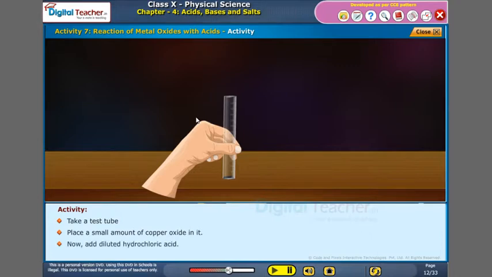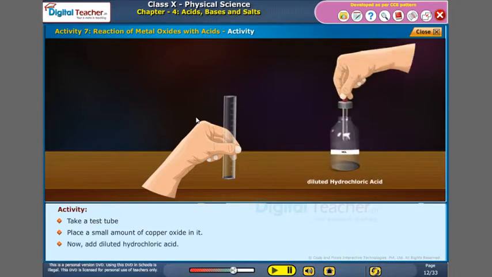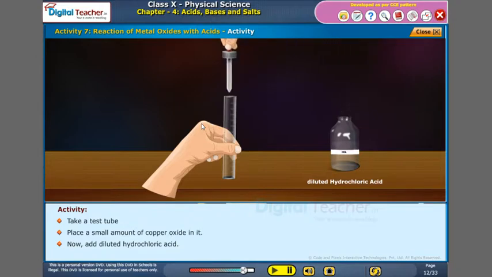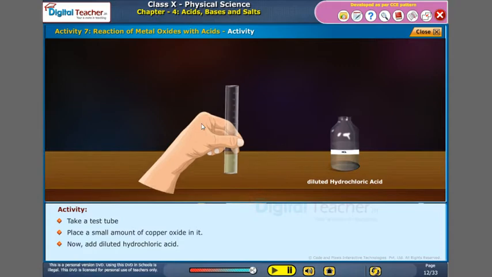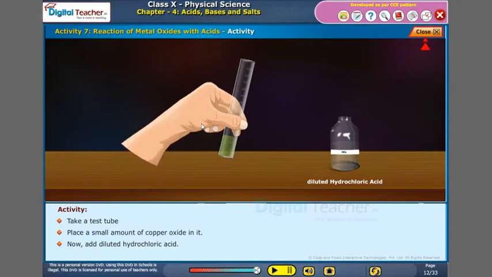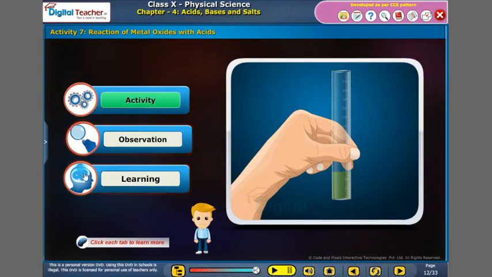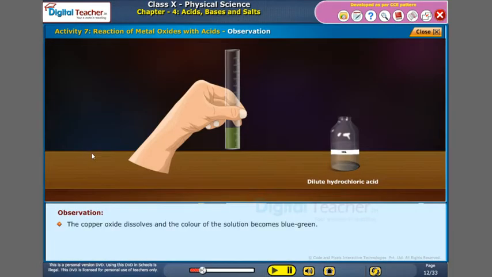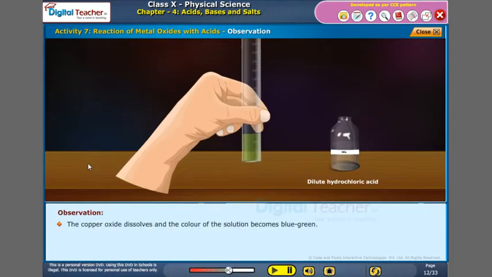Now add diluted hydrochloric acid. Observe the changes. The copper oxide dissolves and the color of the solution becomes blue-green.